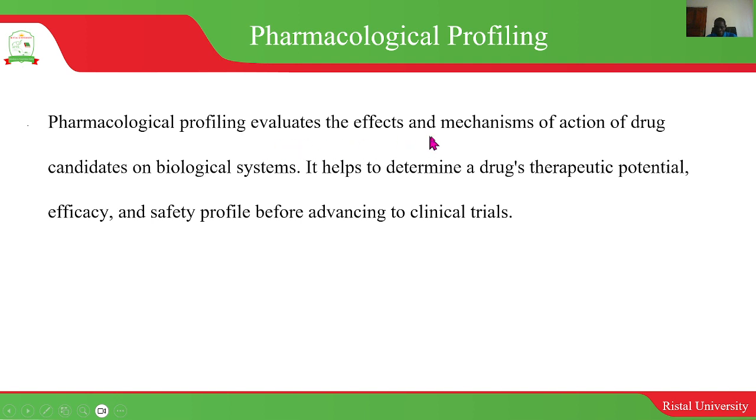This evaluates the effects and mechanism of action of the drug candidates on the biological system. How does the drug work in the biological systems? This will help us determine the drug's therapeutic potential, efficacy and safety profile, and after that, we can now do our clinical trials.